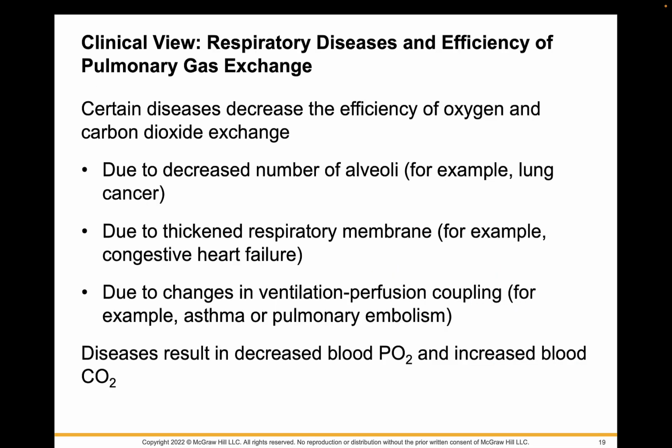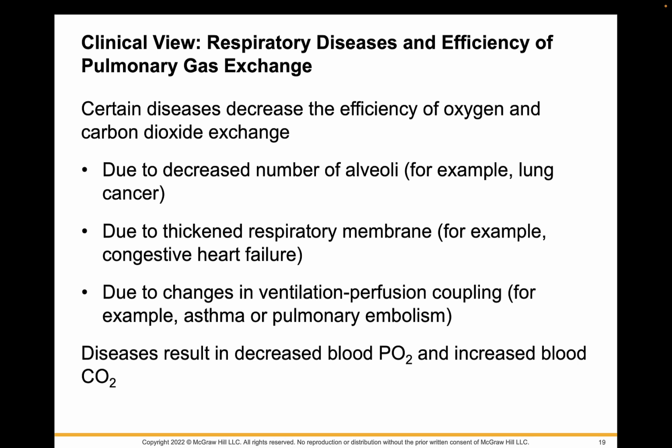Now, when we look at some other impacts of respiratory diseases that impact the efficiency of pulmonary gas exchange, we can see that certain diseases will decrease the efficiency of oxygen and carbon dioxide exchange. This is due to the decreased number of alveoli. For example, lung cancer is a really good example of this. What happens due to a thickened respiratory membrane?